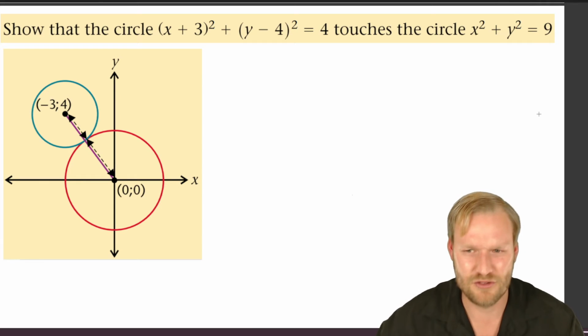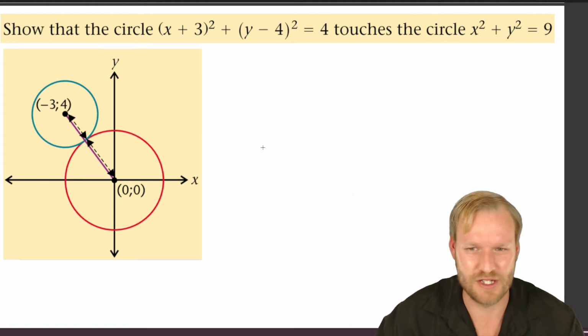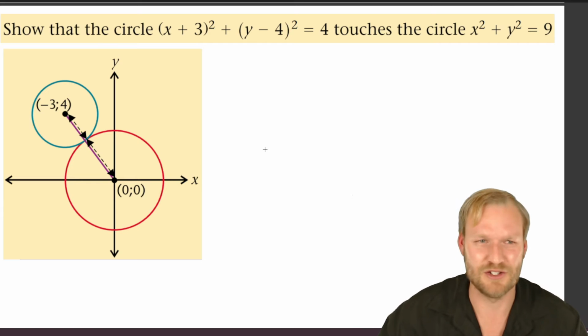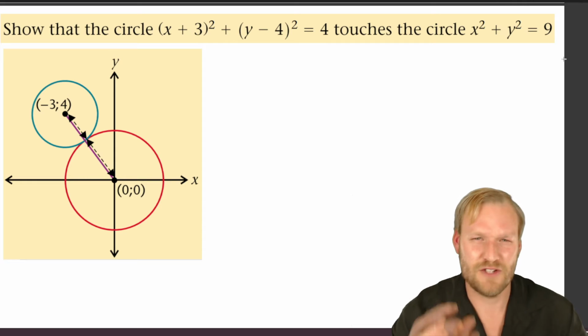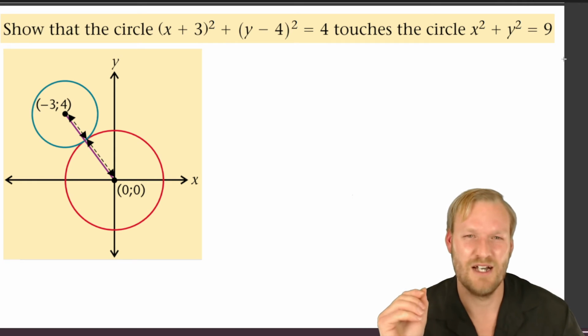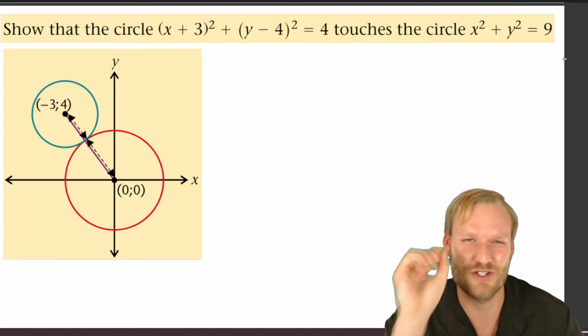Okay, this question, I've shown you the diagram to work with, and that is, show that the circle (x plus 3) squared plus (y minus 4) squared touches the circle x squared plus y squared equals 9. So if it says it just touches it, how many times does that mean it touches it?